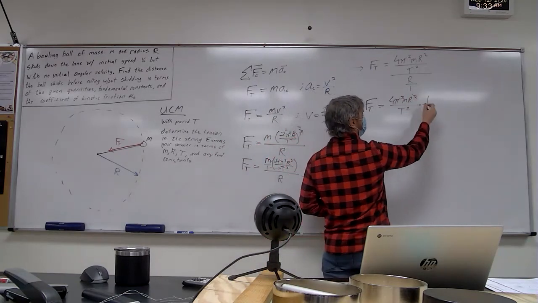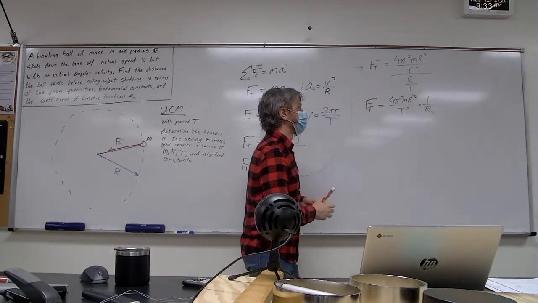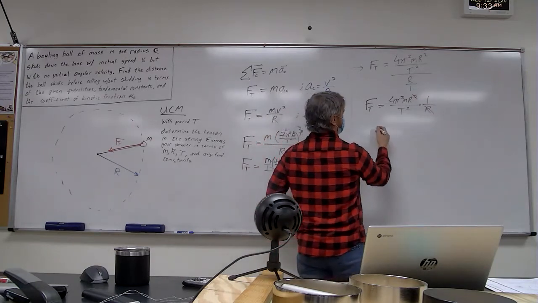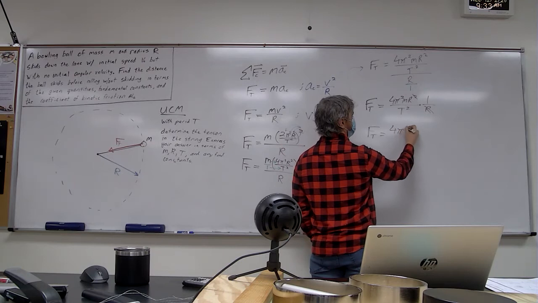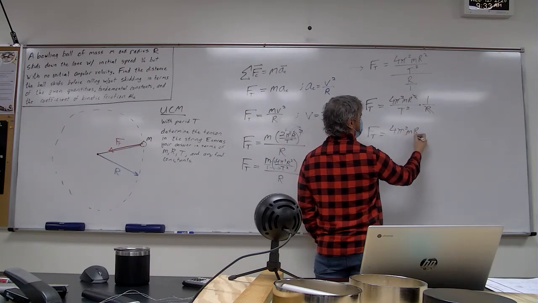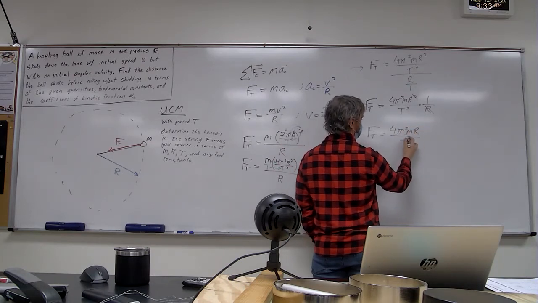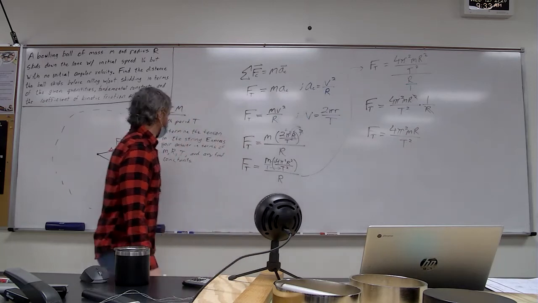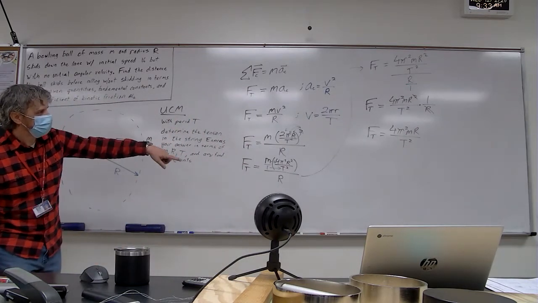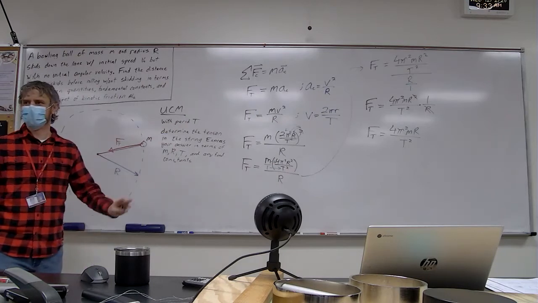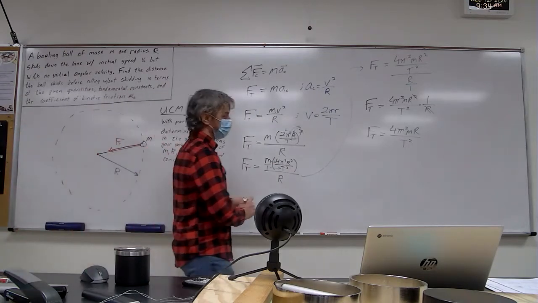So one of the numerator r's cancels with one of the denominator r's. And then I have an expression for the tension force equal to 4 pi squared times the mass times the radius of the circle divided by the period squared. M, R, T, and pi and 4, just numbers. That's fine. So there's my answer.